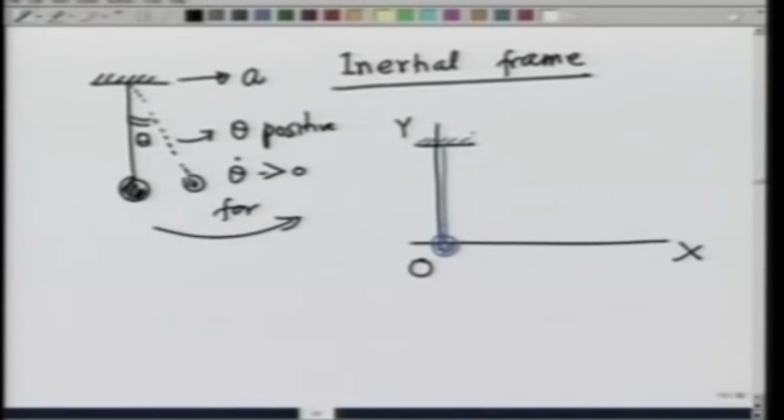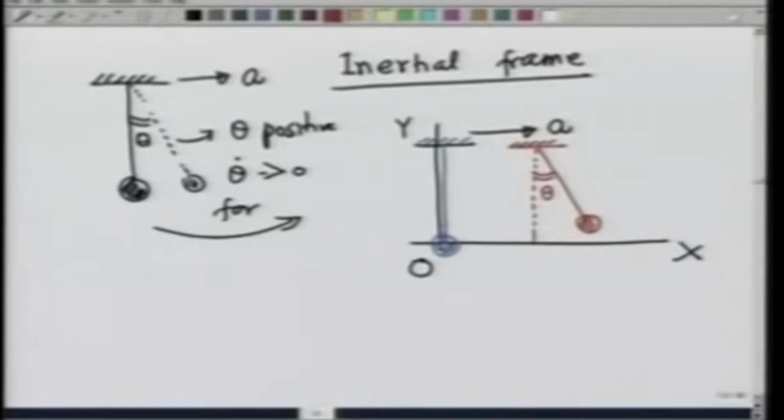And as the pendulum's base, its pivot point, is accelerated to the right with acceleration a, we are assuming that after some time t the pendulum would look like this, with it having rotated by an angle theta to the right with respect to vertical.